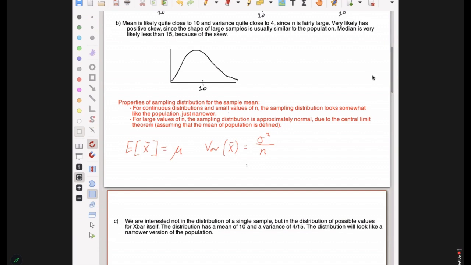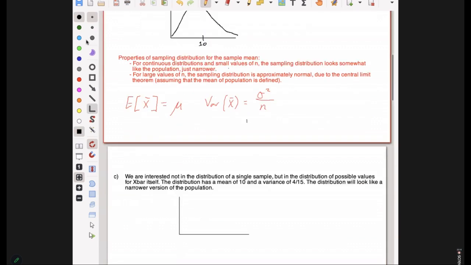So comparing to what we had up there for the sketch for B, with this one, we will still have a bit of a left skew distribution, but it's going to be compressed towards the center.